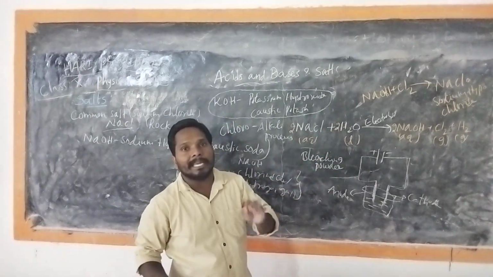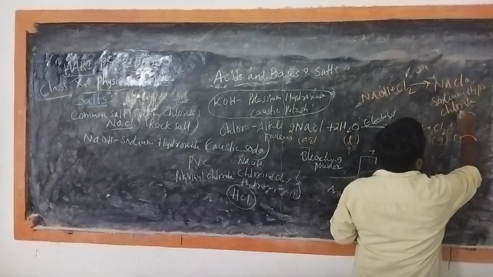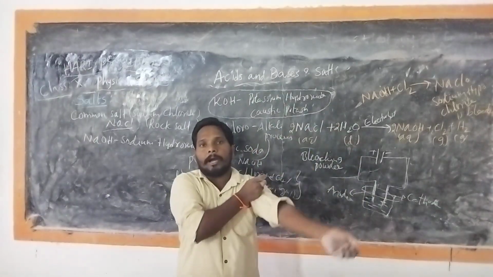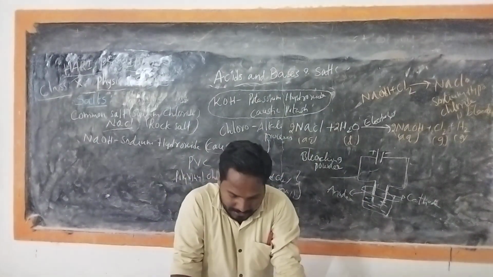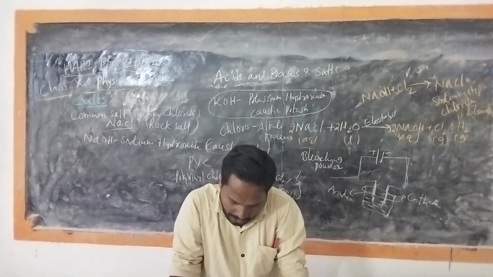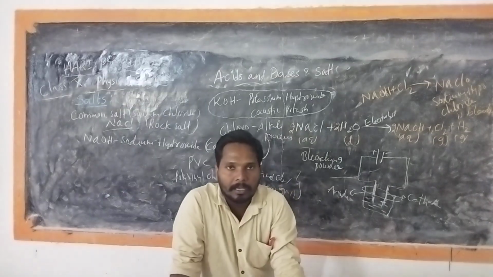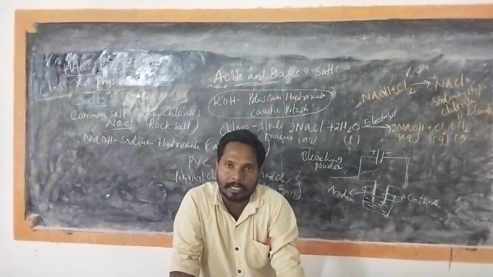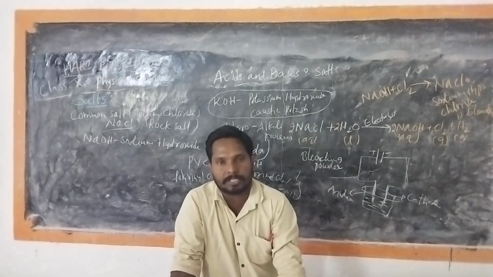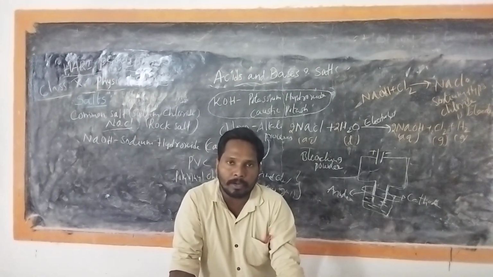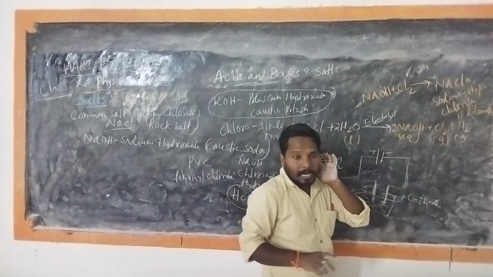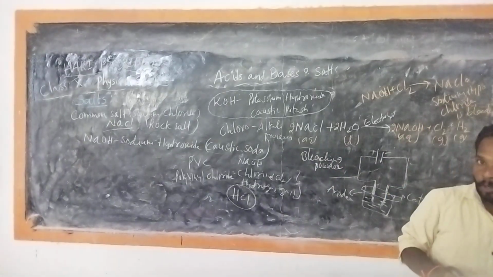It is a bleaching agent, used in making household bleaches and for bleaching fabrics. So this is one of the products obtained from sodium chloride.